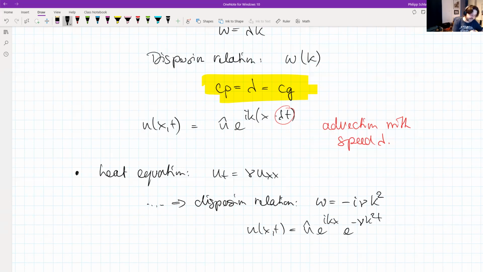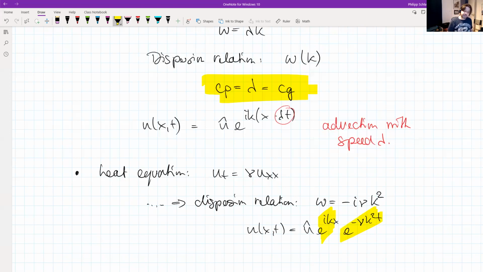And now it's of course a bit more interesting than for the advection, because now we actually see that my exact solution has two parts. I have one part here, which is clearly an oscillation, because it is in ik, so that means there is a spatial oscillation. But then I also have a second part, which is e to the minus nu k squared t.